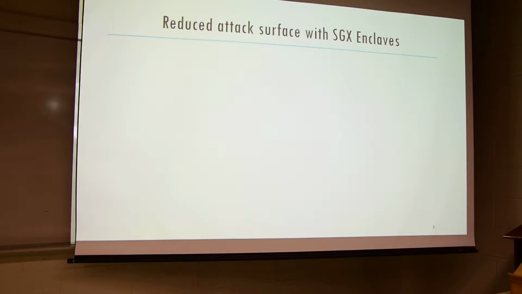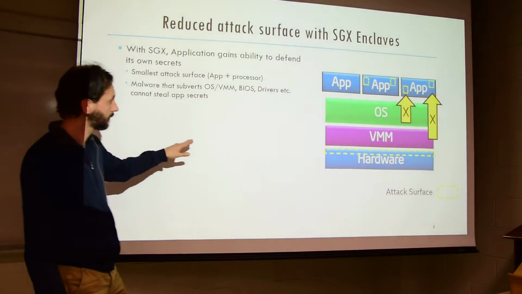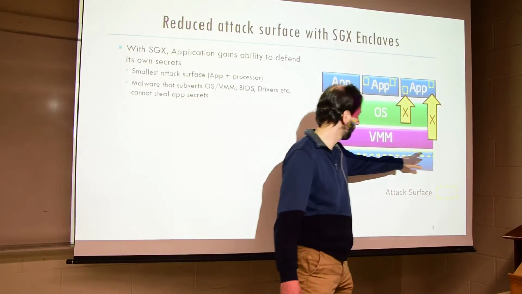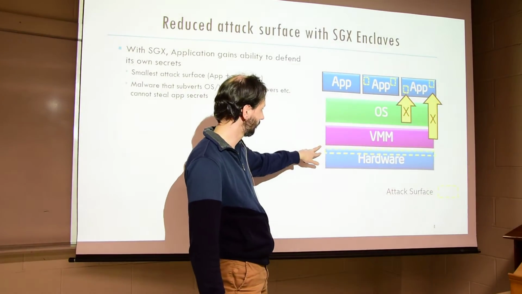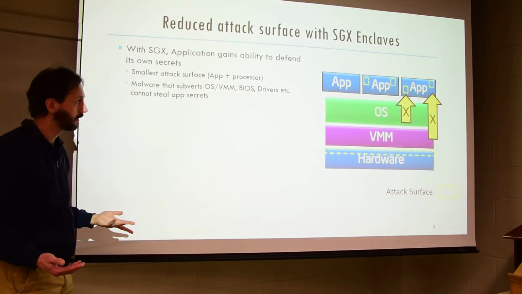All right, so SGX enclaves allow us to have a reduced attack surface. And what is the whole idea? The whole idea is really that we just have a piece of hardware that we need to trust. So if you attack that, then obviously you can break in.